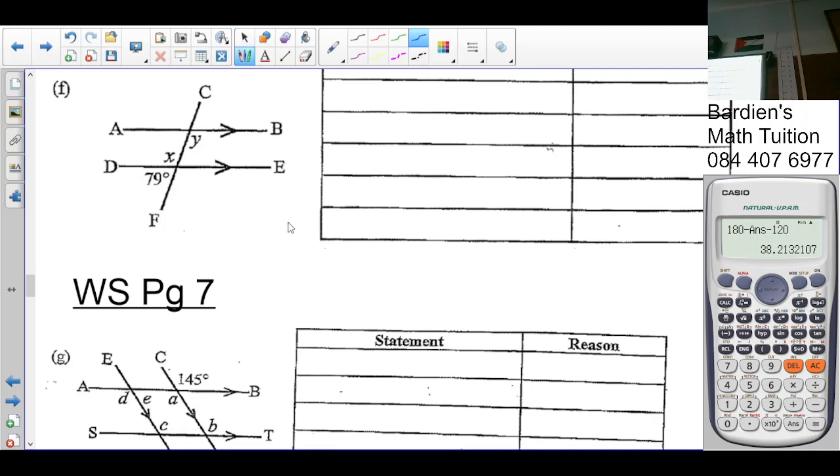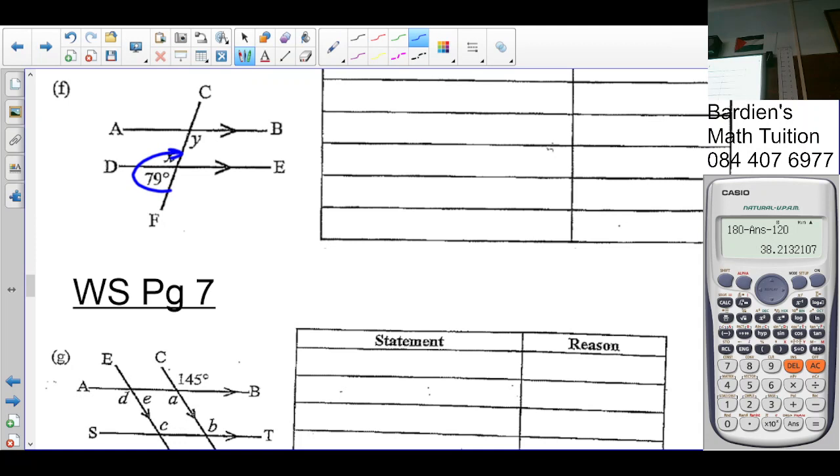Let's look here. There's your corresponding. There's your alternate. Both are unknown. Not going to work. You must start with your x. First sort that one out.